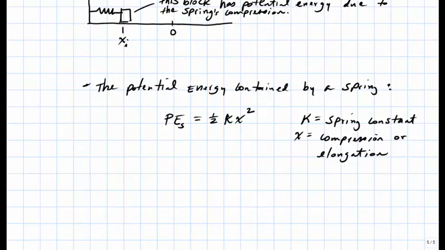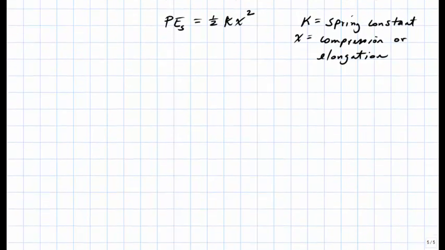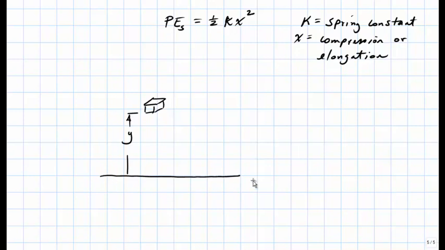There's another way to position an object such that it acquires the ability to do work at a later time. If we consider the block, which we evaluated earlier, and label its elevation as y above some reference location, we note that if this block is released, it has the capability of acquiring a lot of kinetic energy.